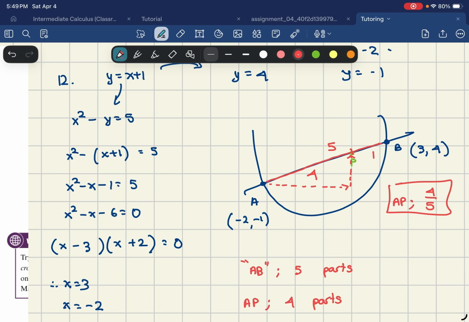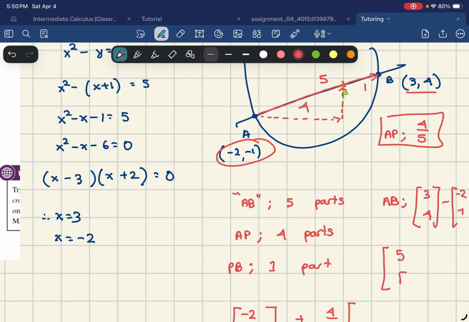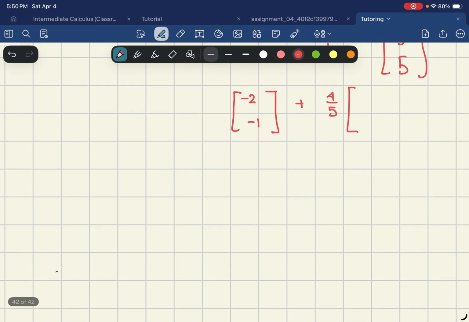And now you can find this vector AB. And how do you find the vector AB? Well, AB is just 3 comma 4 minus negative 2, negative 1. And that gives you 3 minus minus 2 is 5, 4 minus minus 1 is 5. So that is just 5 comma 5.